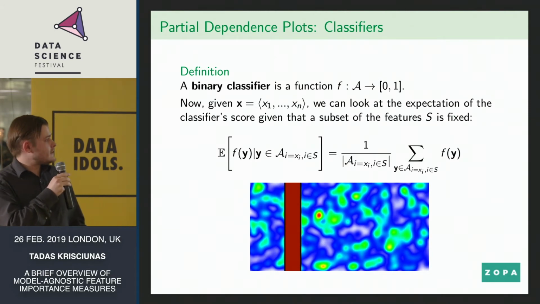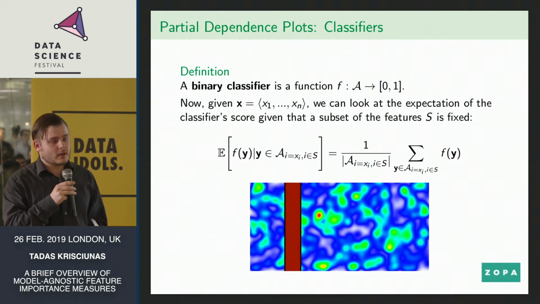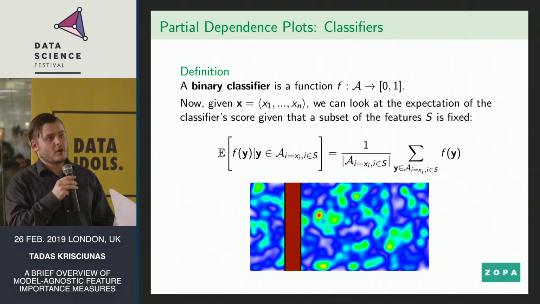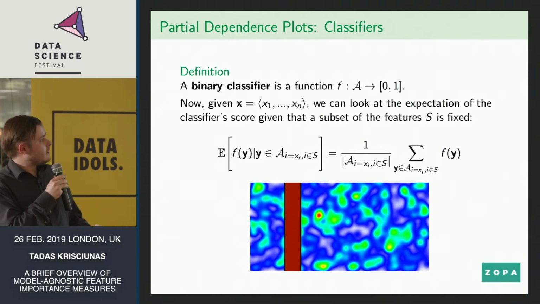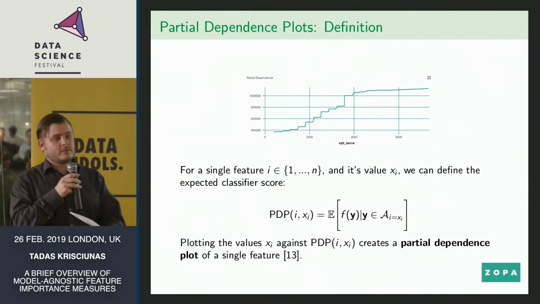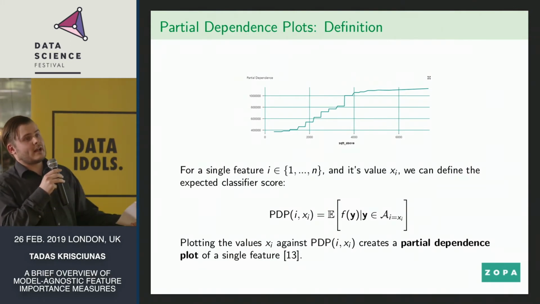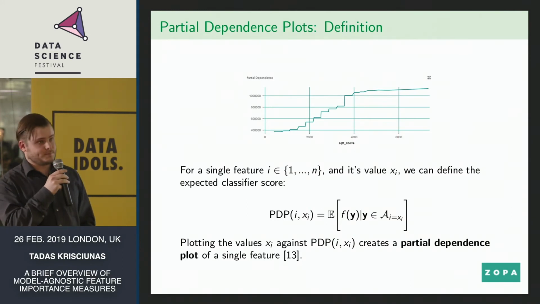We can look at the expectation of the model's output over a particular strip. And if we plot these expectations strip by strip for a particular feature, so for all the possible strips along the x-axis, we end up with something that is the partial dependence plot.